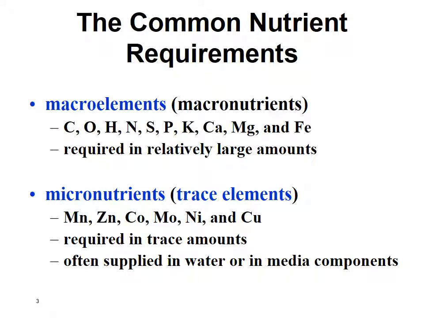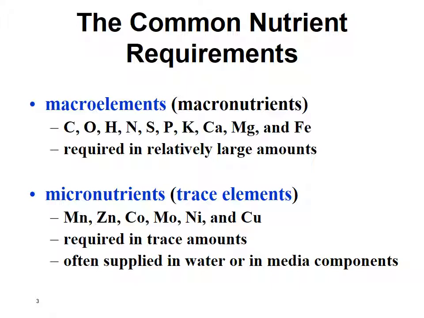Researchers have analysed the composition of microbial cells, and they've shown that over 95% of cell dry weight is made up of only a few major elements, as you can see here: carbon, oxygen, hydrogen, N, S, P, K, magnesium and iron.